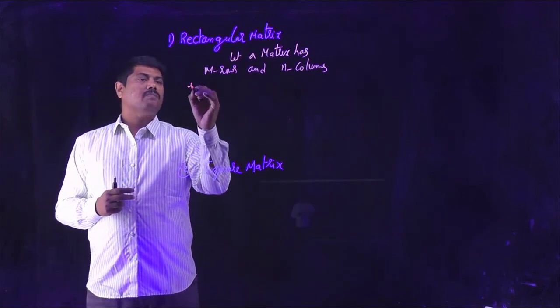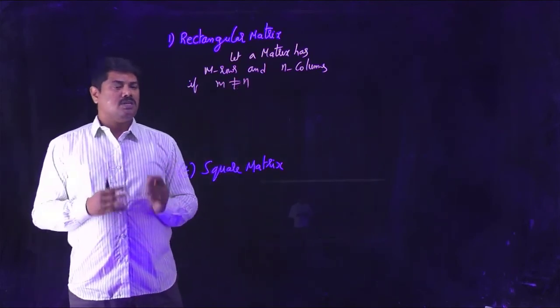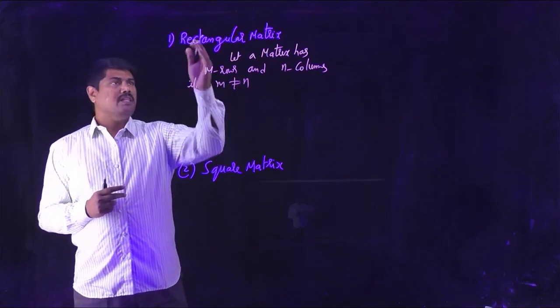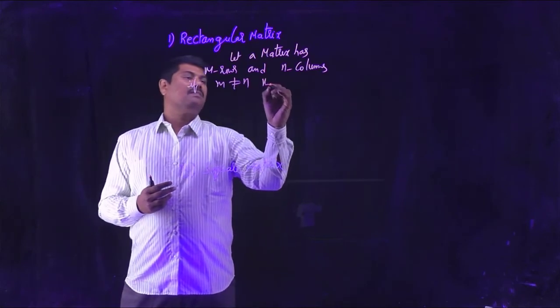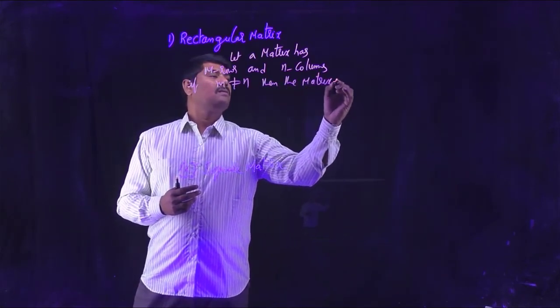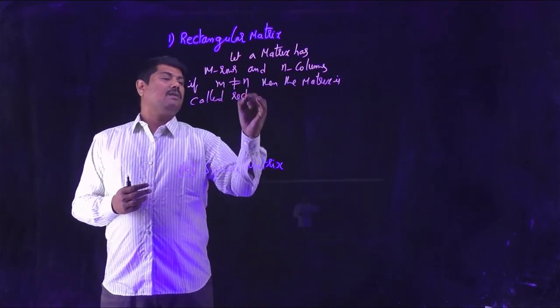If m is different from n, that means the number of rows is different from the number of columns, then that matrix is said to be a rectangular matrix.